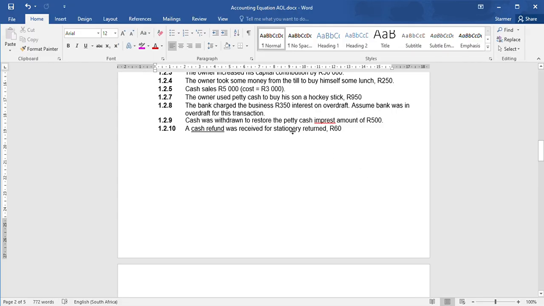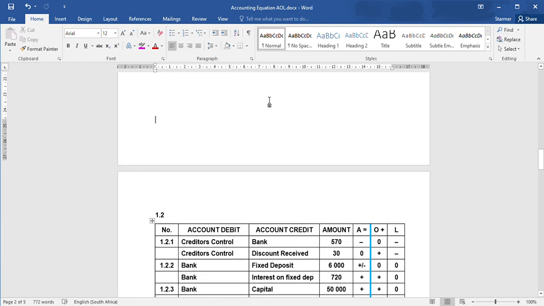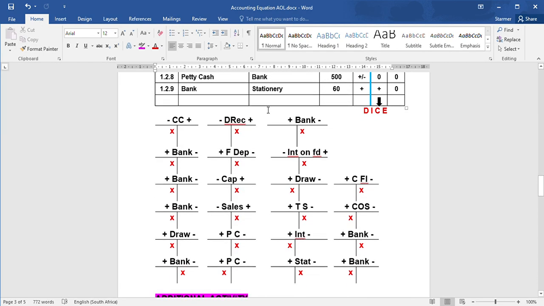Right, then, the owner used petty cash to buy his son a hockey stick. If you are using petty cash for the owner's use, your two accounts will be drawings and petty cash. Drawings is opposite to capital, so it's plus minus, and the drawings are increasing here. The amount of money in the petty cash box has decreased, so petty cash will be credited.